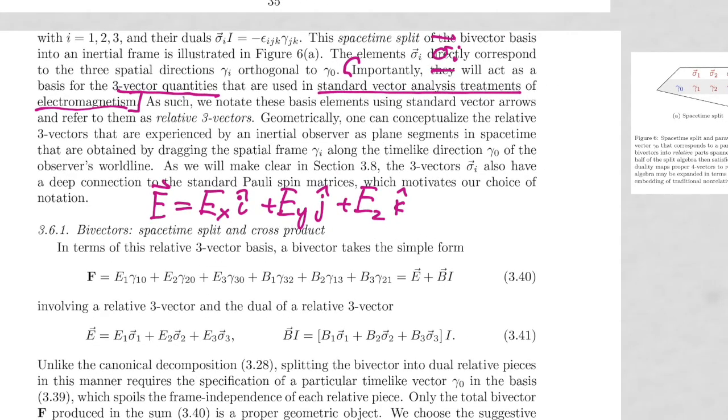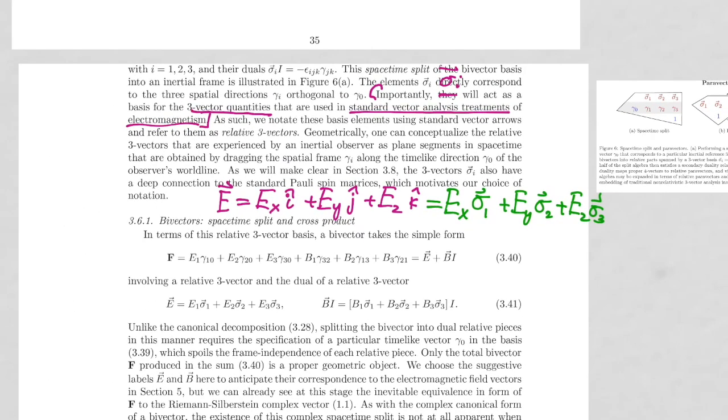Are they really saying that I can write this as E_x sigma 1 plus E_y sigma 2 plus E_z sigma 3? Is that what they're saying? And yeah, that is exactly what they're saying.